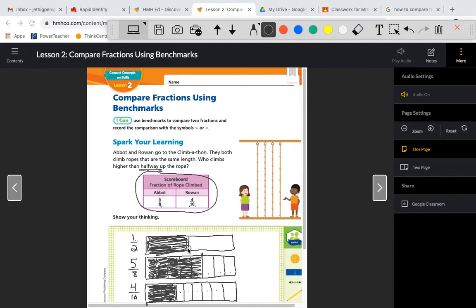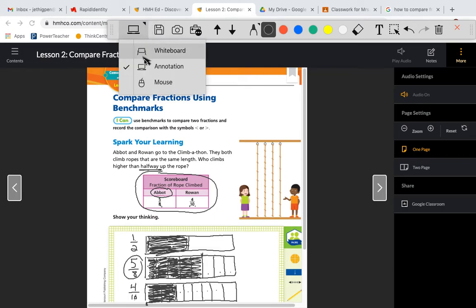So that tells me that 5/8 is larger or higher than halfway up the rope. So we're going to say that Abbott climbs higher than halfway up the rope. All right, let's continue with this strategy. We're going to go to the next page, page 272, and let's compare these two fractions.